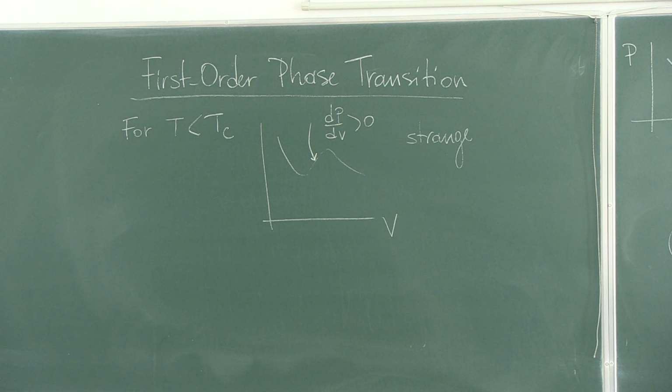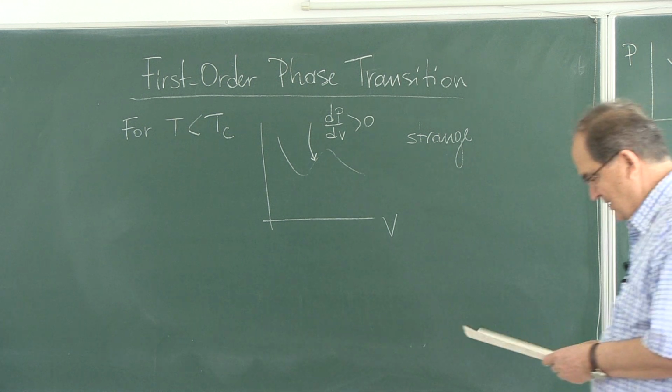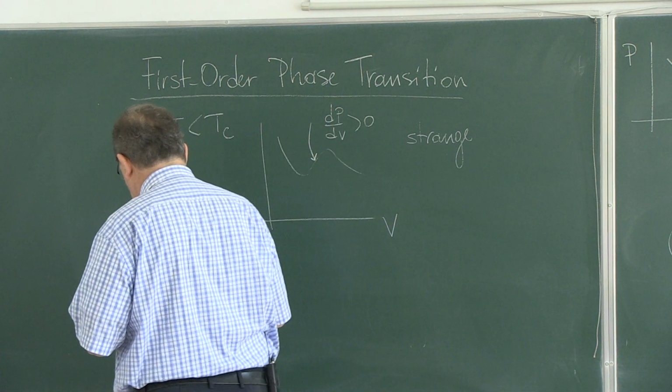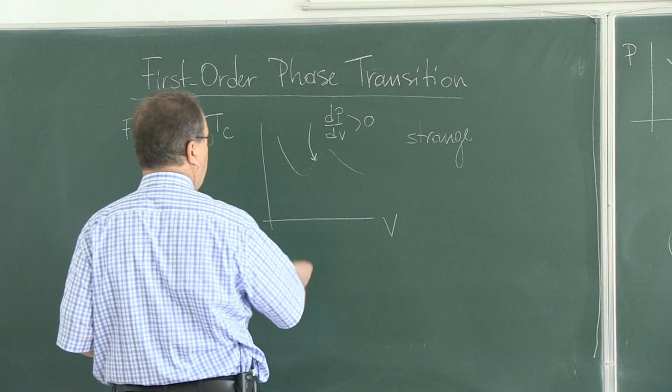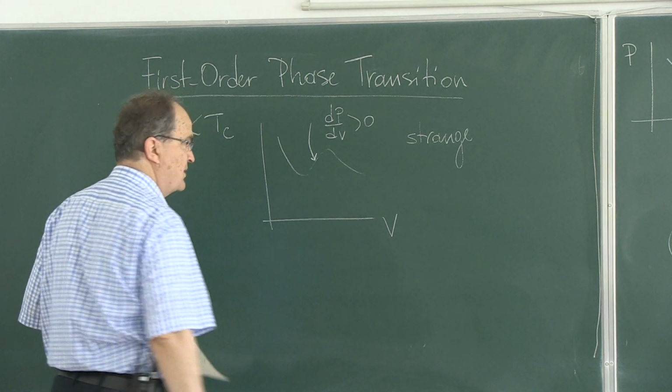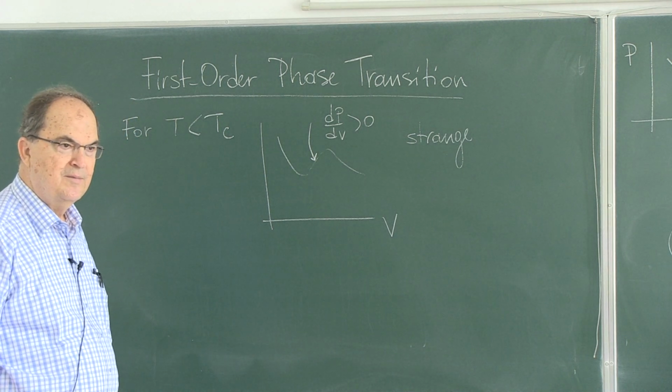Why is it strange? Very simple question. dP dV, well, you are increasing pressure, volume increases too. It is strange. When you increase pressure, volume should decrease, isn't it? Such a simple thing, you should tell me. So the real behavior should be something staying constant, isn't it?